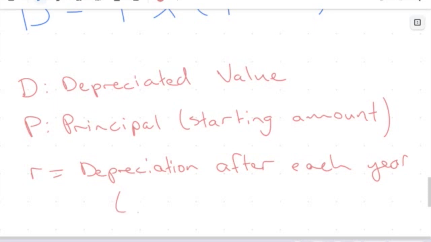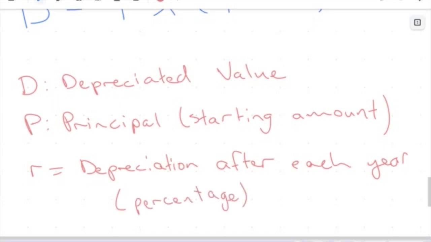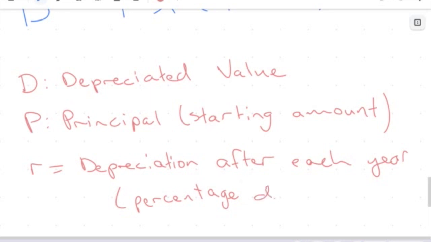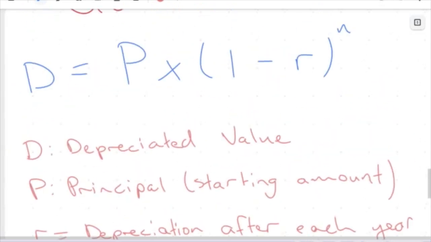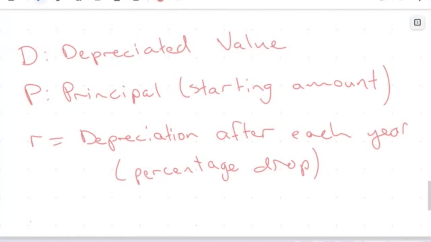And this is expressed as a percentage or percentage drop. Let's write that to keep it consistent. And the N here is the number of years past.